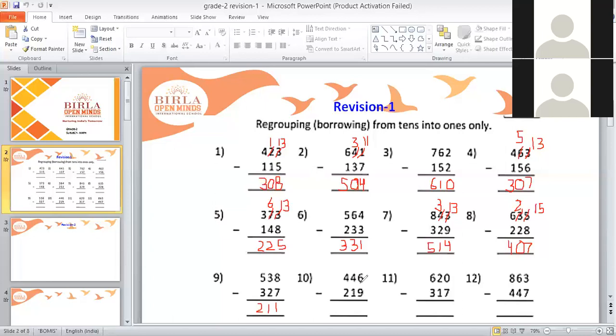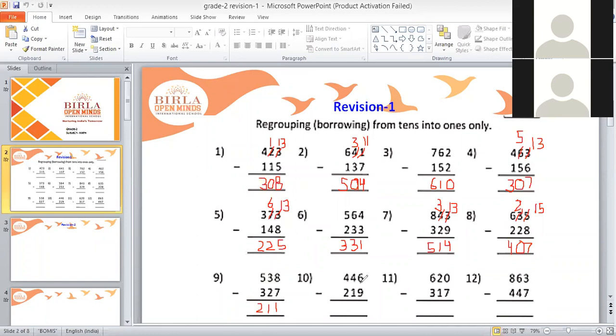Okay, so fine. It's not possible to take away 9 from 6. So what will we do? Supratik, what will we do? Take the borrow. Okay, so from where will we take borrow? 4.